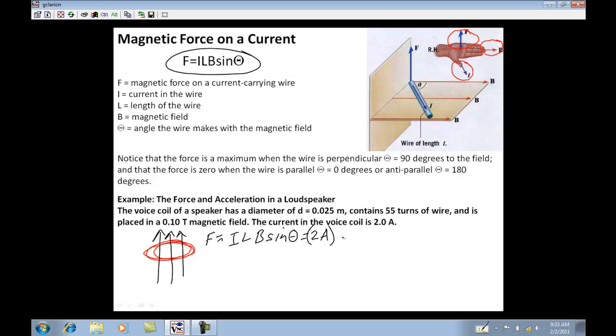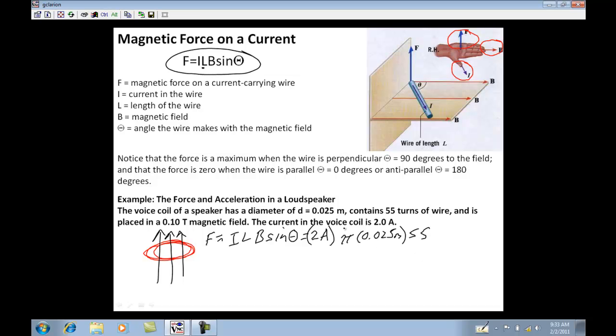That's pi times 0.025 meters, and that's for 1 turn. How many turns do I have? 55. So I multiply that times 55, because that's the circumference of just one. So 55 of them is 55 times pi times the diameter. That takes care of the length.